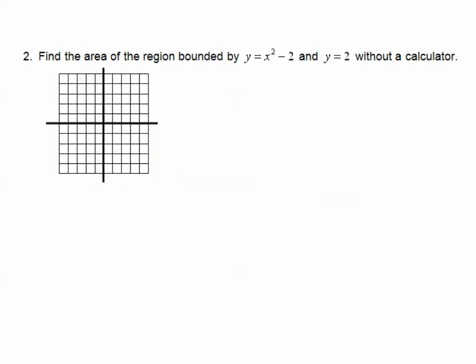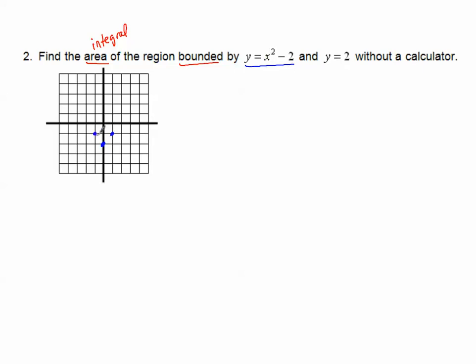Find the area. Area means integral, of the region bounded by the curves y equals x squared minus 2 and y equals 2. So again, let's know how to graph it without a calculator. Parabola opening up, shifted down 2 units.